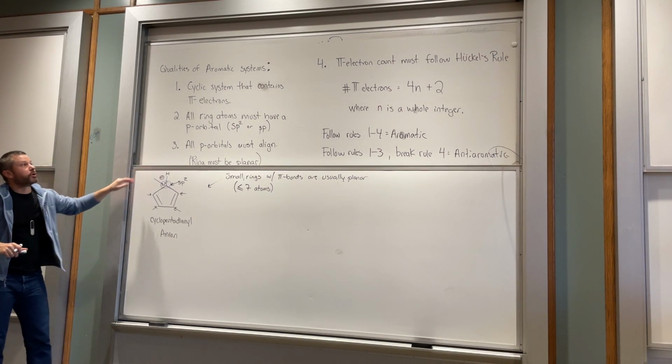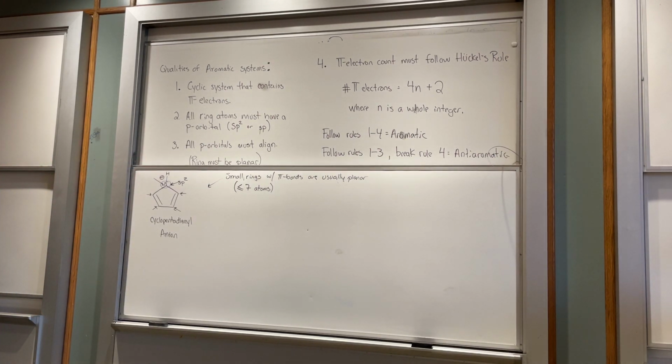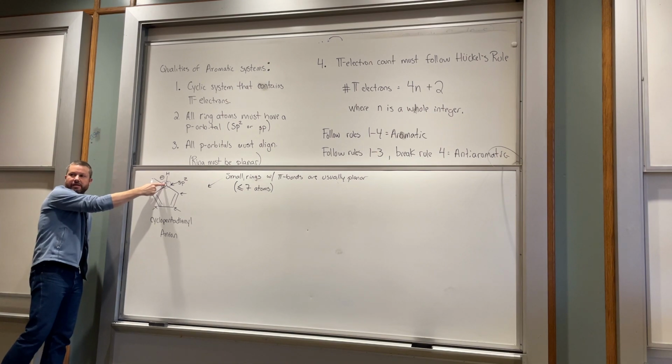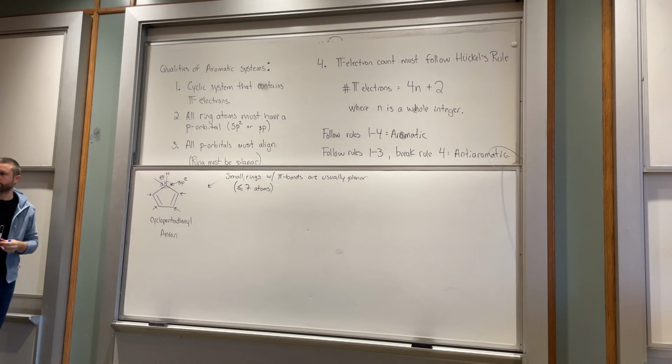All right, and then rule 4, how many pi electrons do we have? Six. Total pi electrons, 6, right? 2, 4, 6 pi electrons. Is that a Huckel number? What is n if the total number of electrons is 6? Yeah, 1, right?